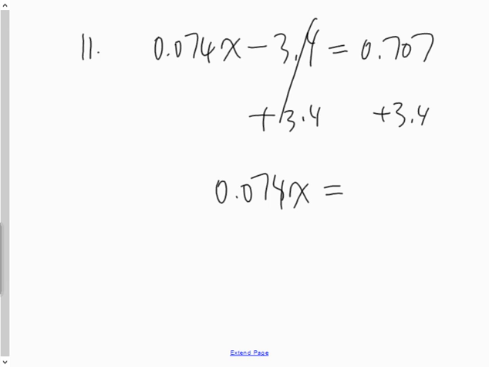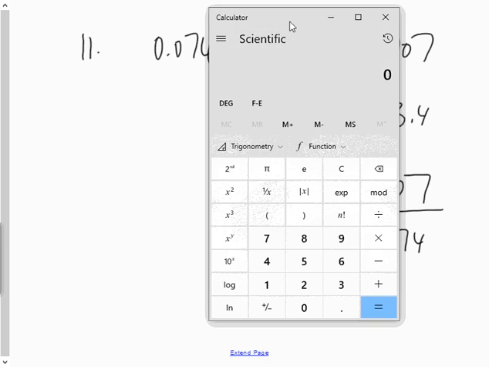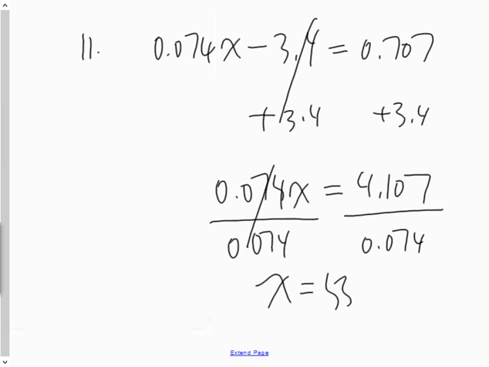What's that going to be? 4.107, I think. Divide both sides by the coefficient. And x will equal 4.107 divided by 0.074. Hope, stop talking. X will equal 55.5.